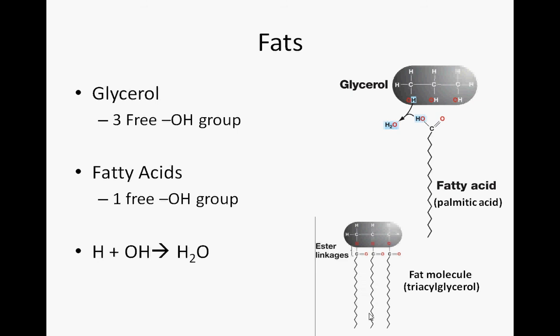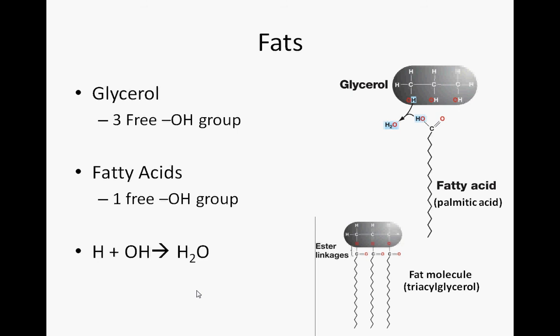To make a complete fat molecule, you have three fatty acids linked to the three original hydroxyl groups on the glycerol molecule. The fancy name for a fat molecule is a triacylglycerol. There you have it.